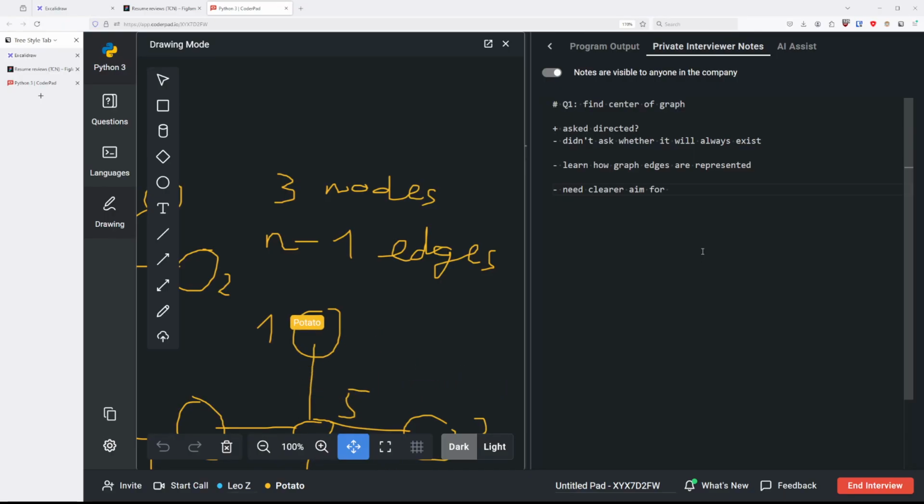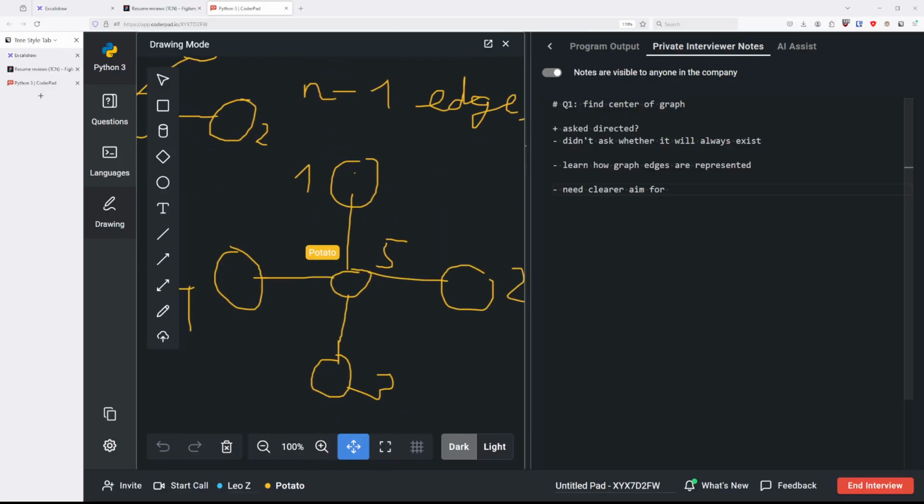Since node 5 is connected to every other node, to node 1, 2, 3, and 4, node 5 will be the center. And every other node, like 1, doesn't have a connection to node 2 and also doesn't have a connection to node 4.